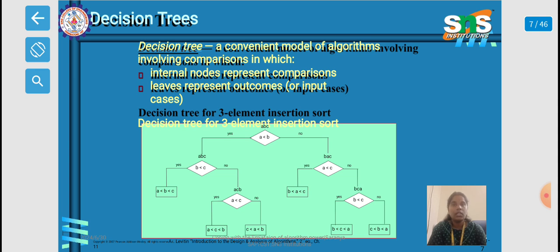The node's left subtree contains the information about the subsequent comparisons made when k is less than k, and its right subtree does the same for the case of k greater than k. Each leaf represents a possible outcome of the algorithm's run on some input of size n.